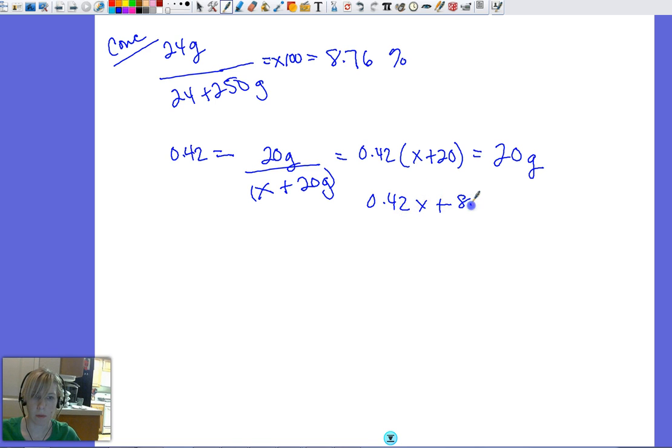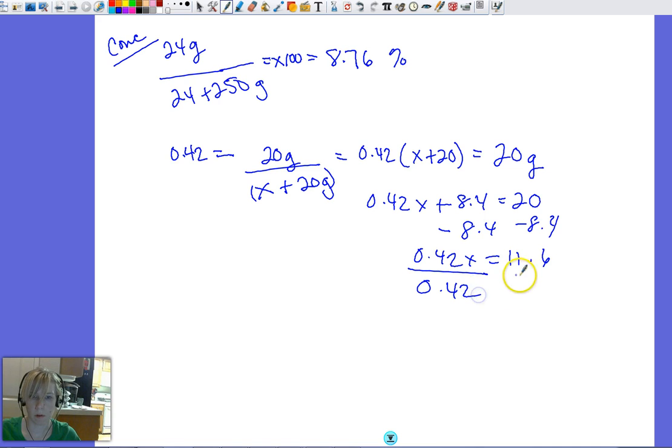That gives us 8.4, and that equals 20. So I'm going to subtract my 8.4. 20 minus 8.4 gives us 11.6. So we have 0.42x equals 11.6.